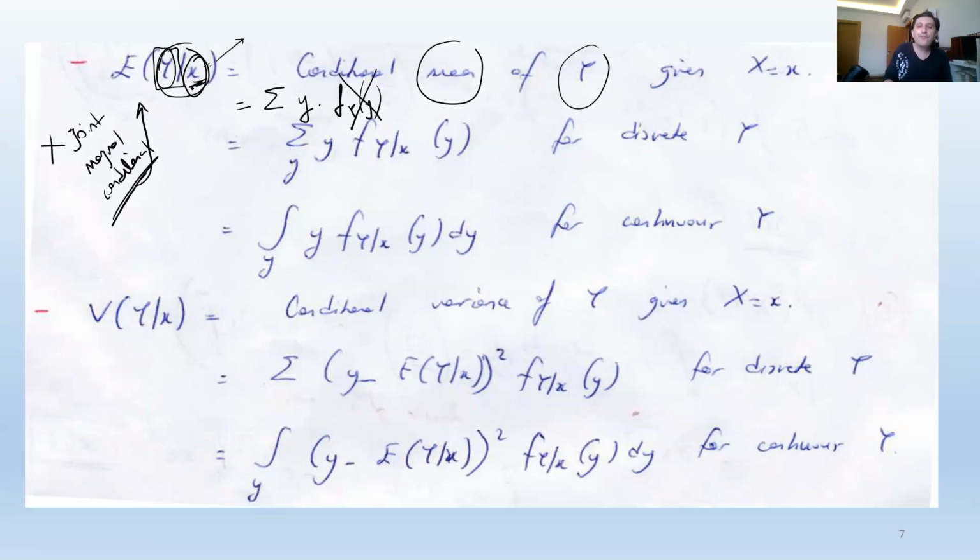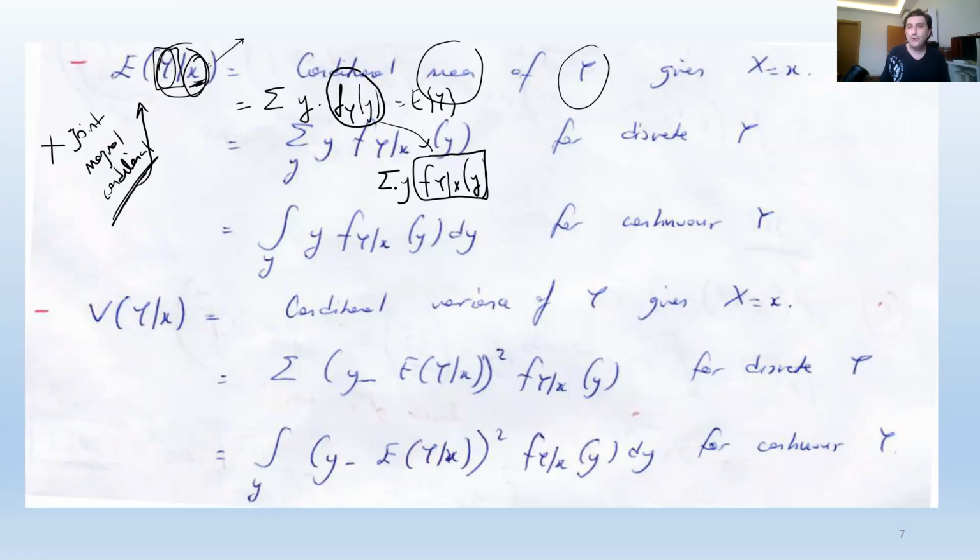Why? Because some information about x is given. When you have no information about x, you use this one. So this is the expected value of y with no information about x. However, if you are given some information on x, then the marginal probability mass function of y is converted into a conditional probability mass function of y given x.